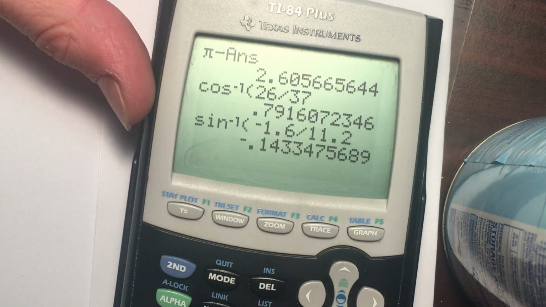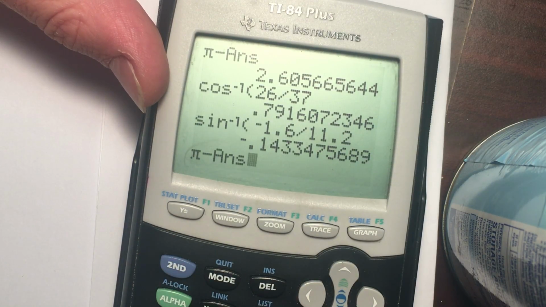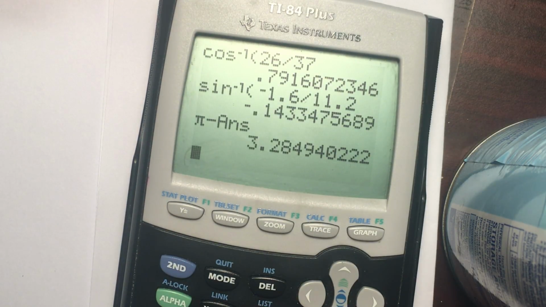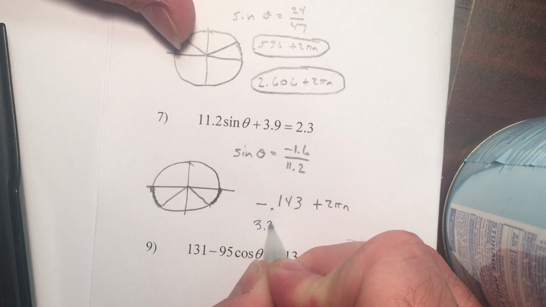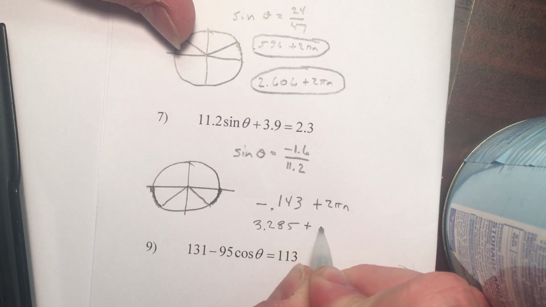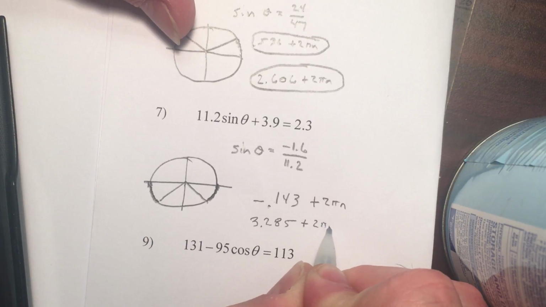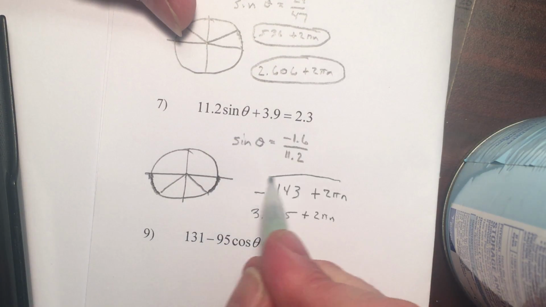So pi minus the previous answer is going to be pi plus it, 3.285. There's your 2 answers.